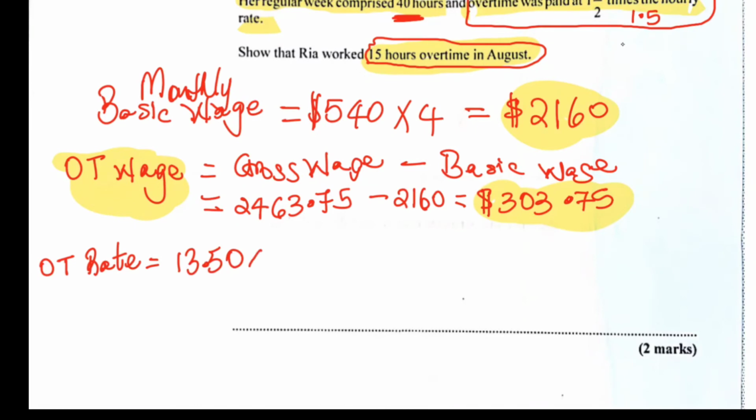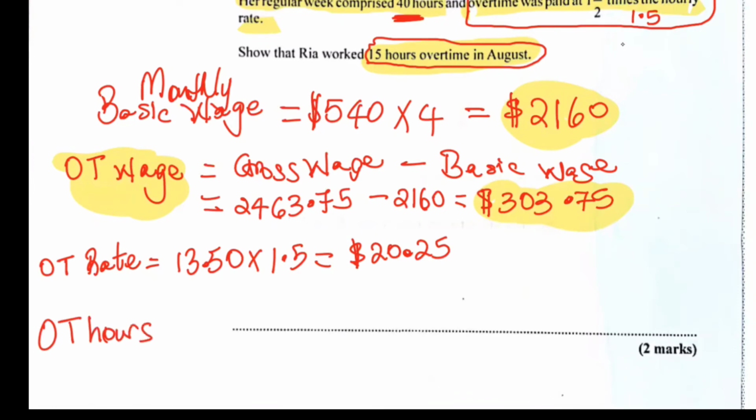The $13.50 multiplied by 1.5. That will give you about 20, as you said. $20.25, which is the rate on overtime, and that's fine. Now, if you want to know the hours, I'm just labeling this for you. I'm going to say OT hours, referring to overtime hours.